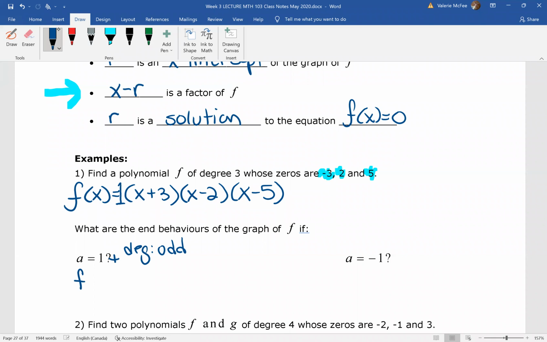We know that the ends will fall on the left and rise on the right. What if our leading coefficient is a -1? Still an odd degree, but now a negative leading coefficient. We know the graph will rise on the left and fall on the right.